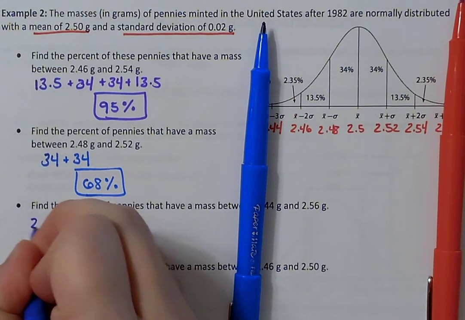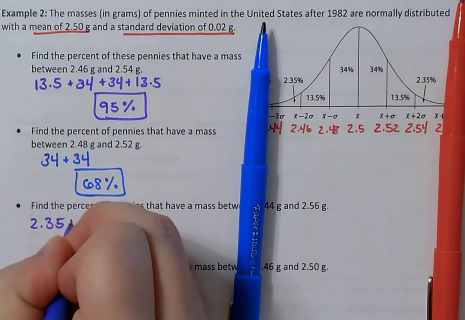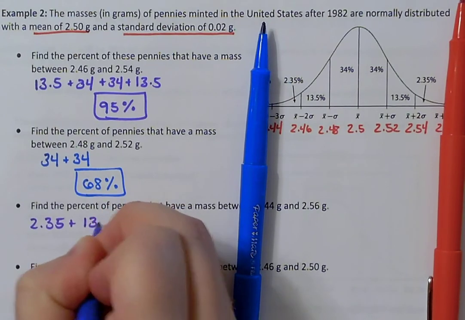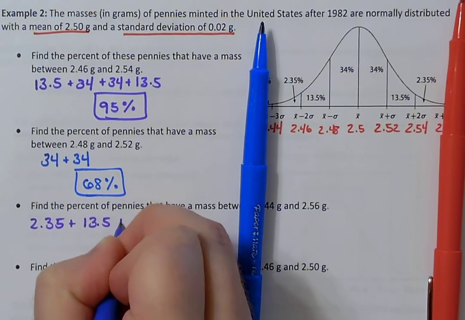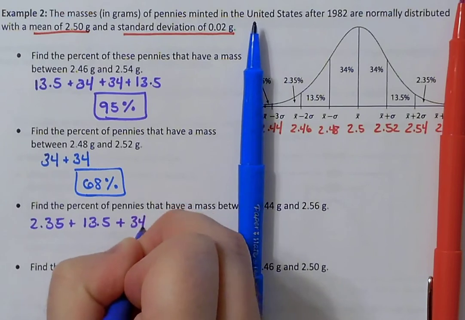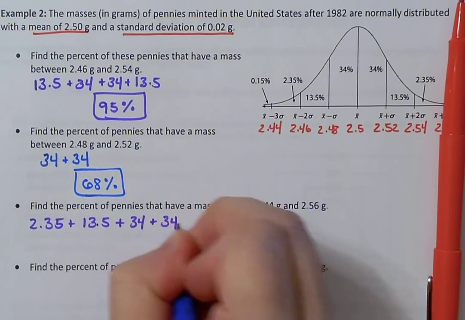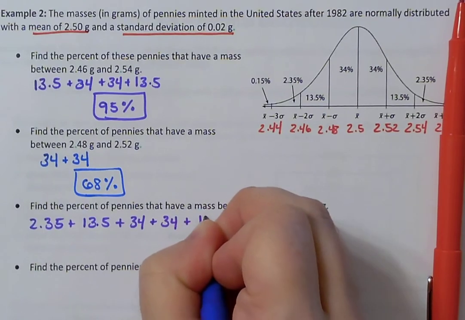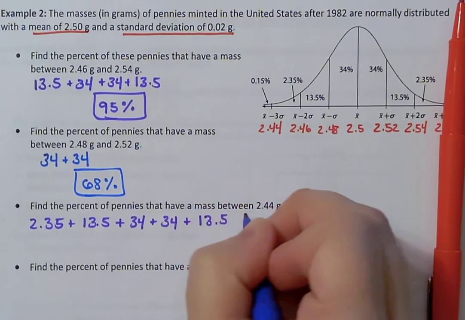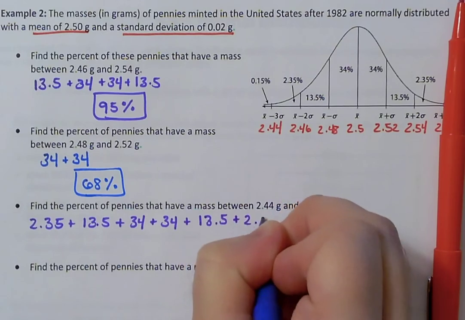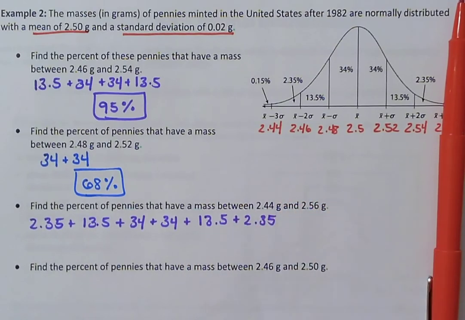So we're going to do 2.35 plus 13.5 plus 34 plus 34 plus 13.5 plus 2.35.